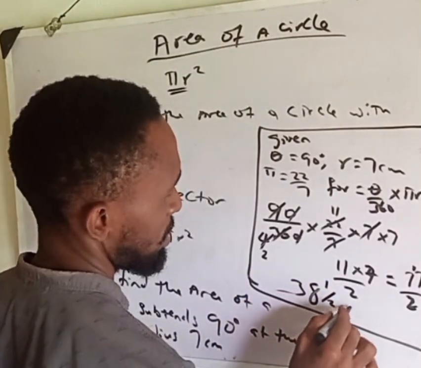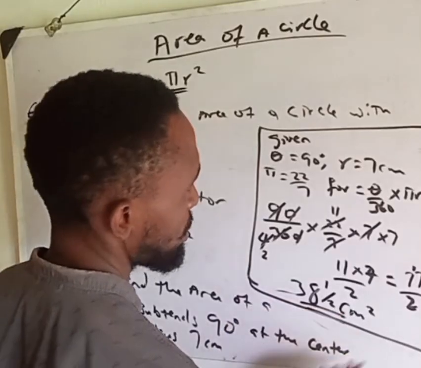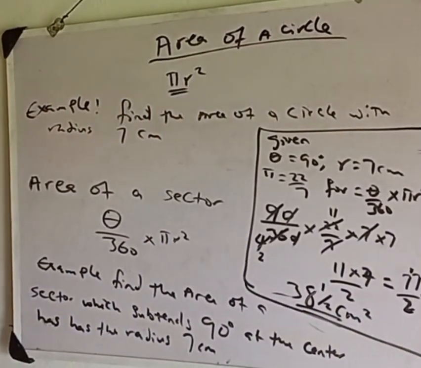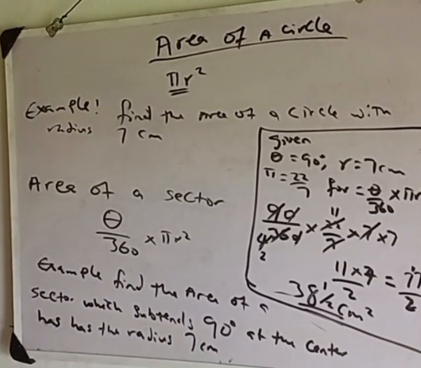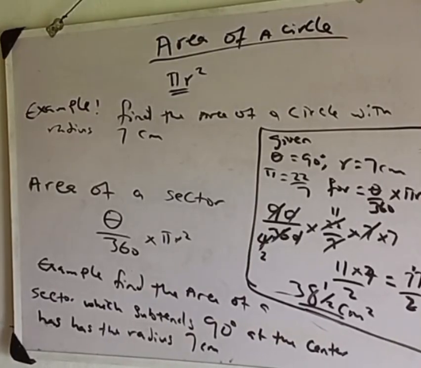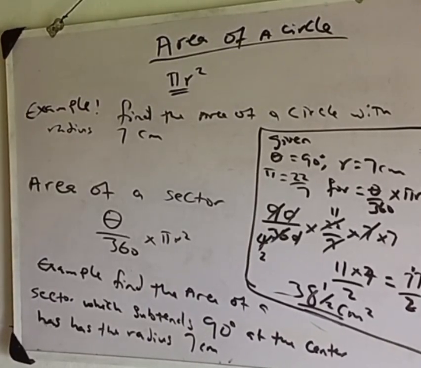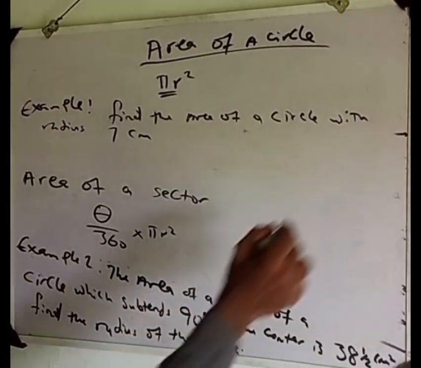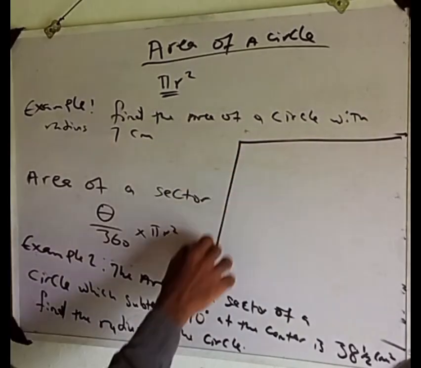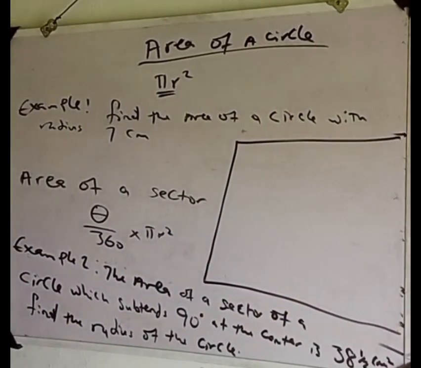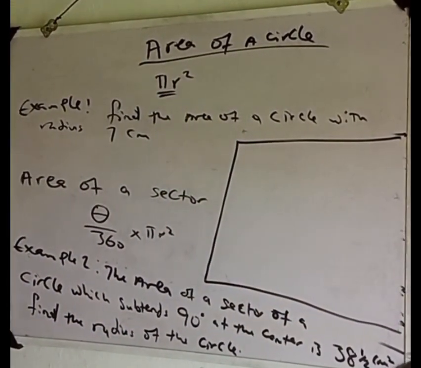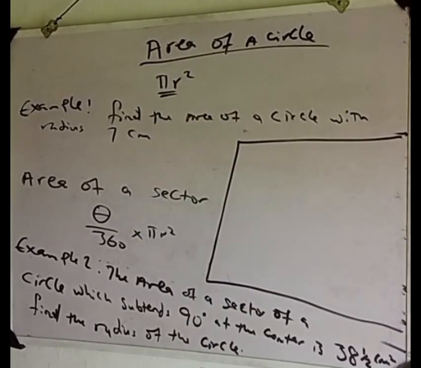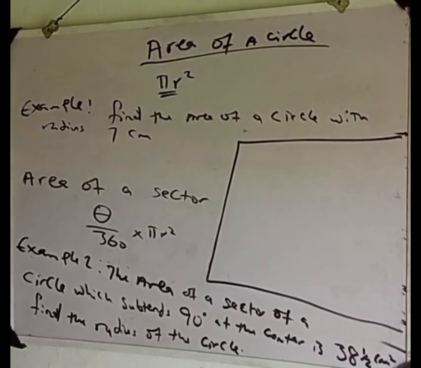So 1 over 2 cm squared. So this is the answer when you want to find the area of the sector of a circle. Area of a sector of a circle which subtends 90 degrees at the center is 38 and a half cm squared.